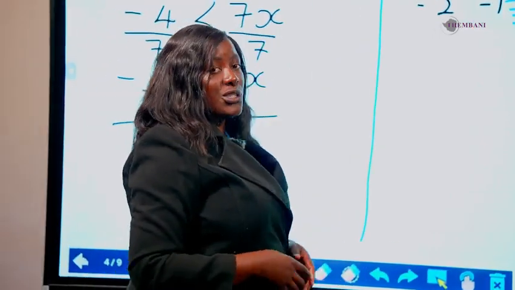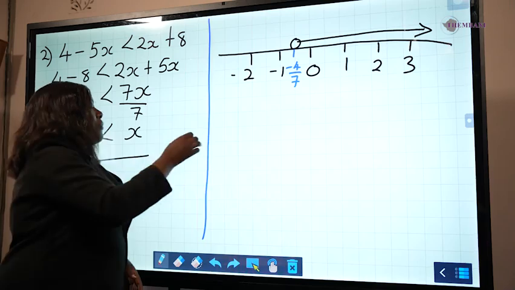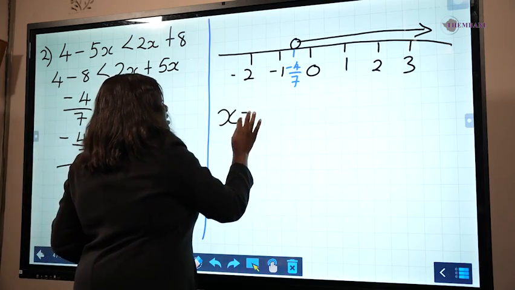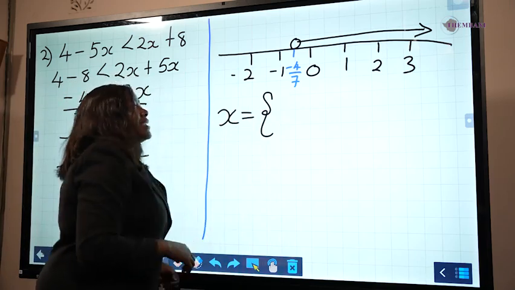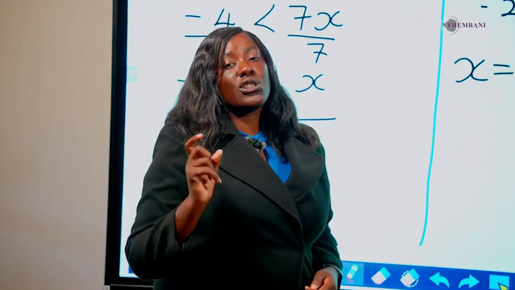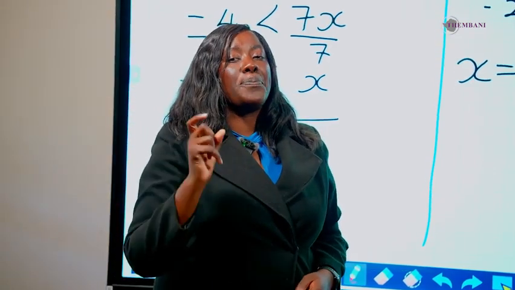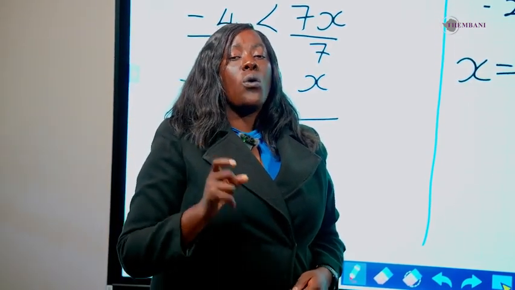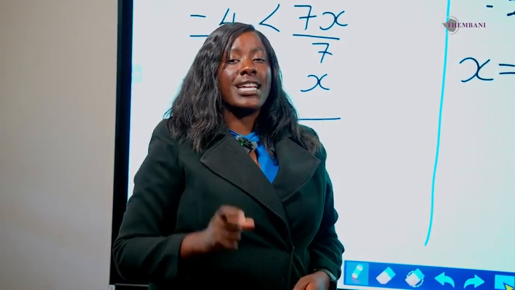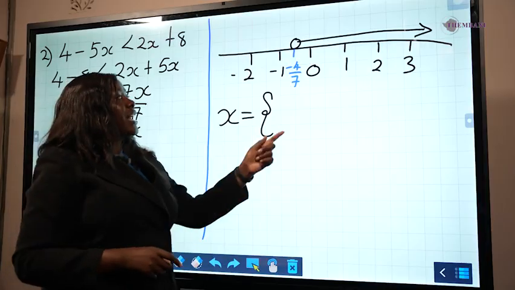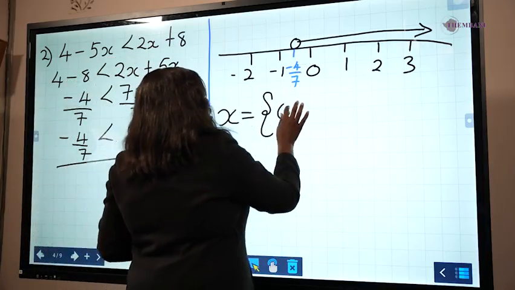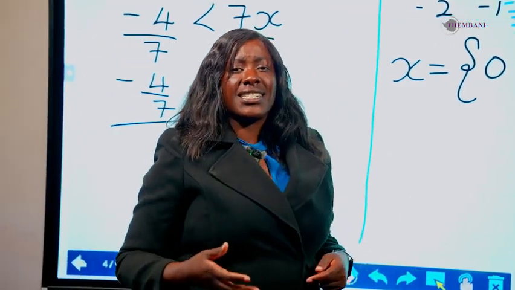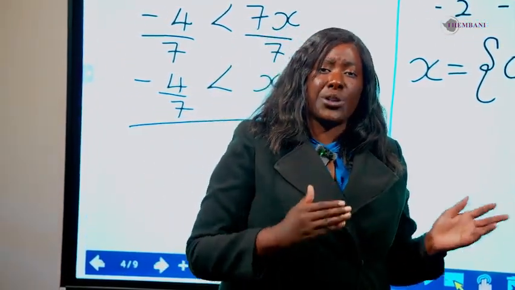Now I need to write a solution set for x. So I'm going to put my x is equal to, I put my set braces. So I said the solutions, we want them to be positive or negative, or numbers including 0, which are integers. So the first solution that I'm going to have there is 0. So for you to know where the solution set is coming from, just follow where the arrow is going.